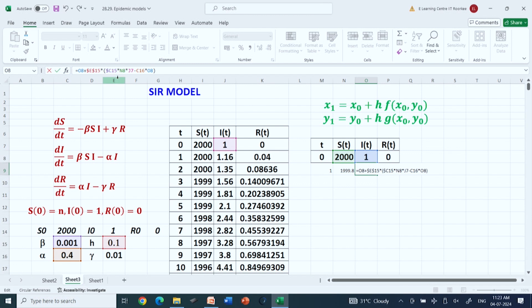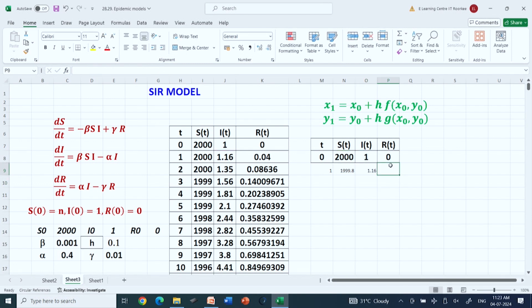So this is a dollar, this is another dollar, this is beta SI minus alpha I, which is again a constant.